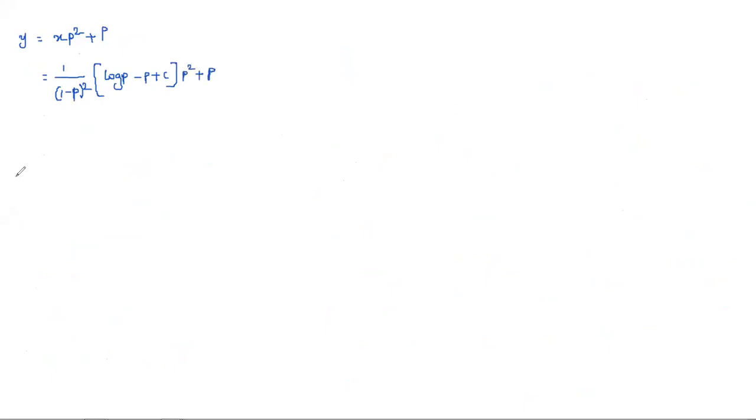If you want, you can write that one as y is equal to p square into (1 minus p) whole power minus 2 into (log p minus p plus c) plus p. Okay, so like this we can write, and you can substitute. This is another solution, and if you want, you can give the name for this one as equation 4, and x what we got is equation 3.